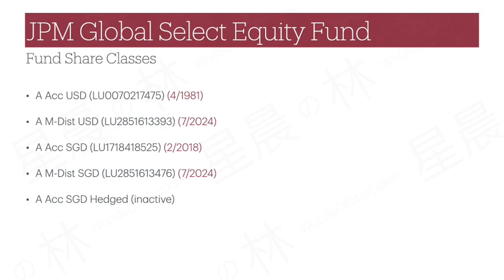Now, considering the fund strategy is long-term capital appreciation, it makes no sense to go for the distribution share classes at all, as the organic dividends from underlying holdings are likely to be low. So if these distribution share classes give a high distribution yield, it will mean that your capital in the fund is compromised. Currently, both the distribution share classes are paying out only about 1.2% to 1.3% yield.